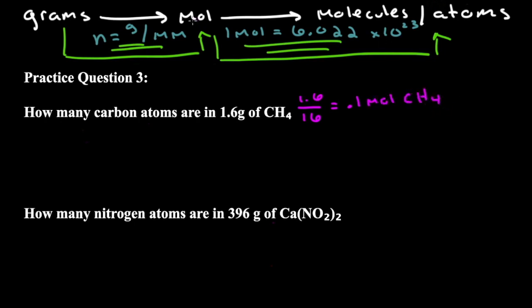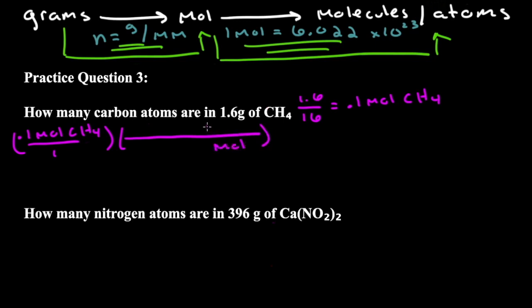And so now that we have moles, we can go from moles to molecules, and we'll use Avogadro's number here. We're going to say that we have 0.1 moles of CH4, and I'll put that over 1. Then I'll set up my dimensional analysis, where I'm going to put a mole on the bottom, and molecules up top.